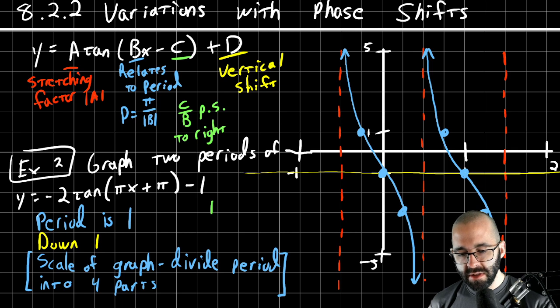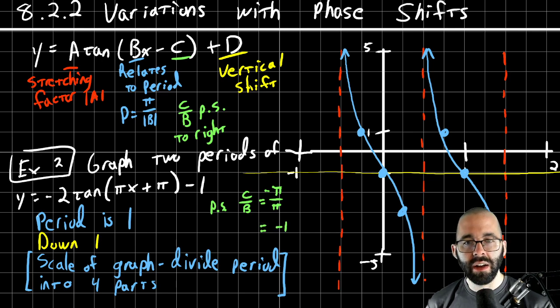Our phase shift is C over B. Our phase shift is -pi divided by pi. That's just -1. Our phase shift says, okay, take this tangent graph and move it 1 to the left.